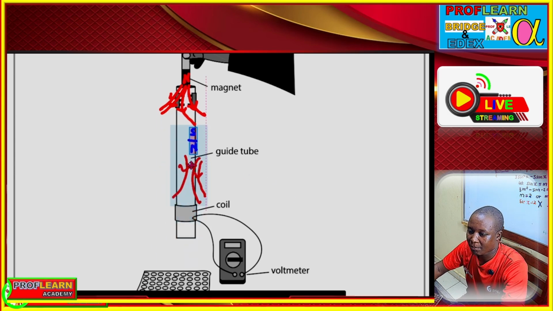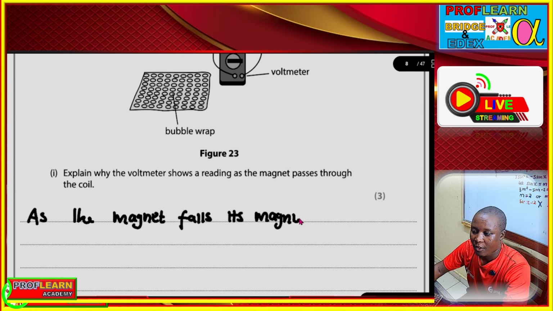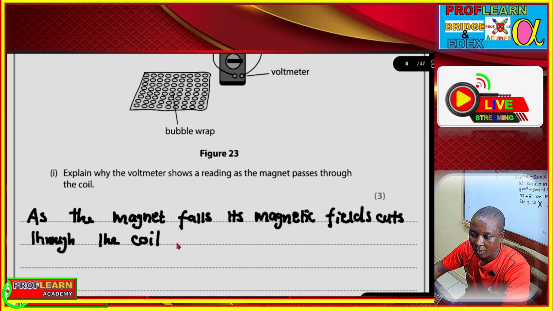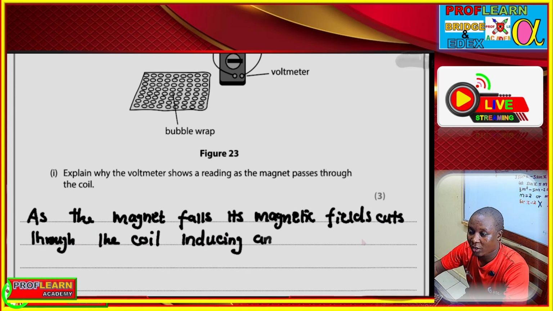We are saying that this magnet is going to drop, and in the process of dropping, the magnetic fields are going to cut through the coil, and then there will be an EMF induced. So we can put it in words and say that as the magnet falls, the magnetic field cuts through the coil, inducing an EMF or voltage, which results in the flow of current, and that's going to be detected.